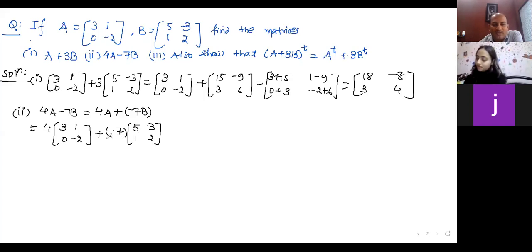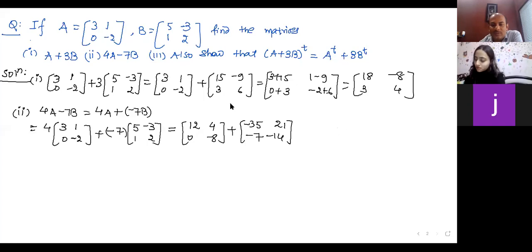What does it mean when I say plus of minus 7 times? The scalar value is minus 7, it's not 7. So every element inside the matrix will get multiplied by minus 7. Which is equal to 4 3s are 12, 4 into 0 is 0, minus 8, plus minus 7 into 5 is minus 35, minus 7 into minus 3 is 21, minus 7 into 1 is minus 7, and minus 14.